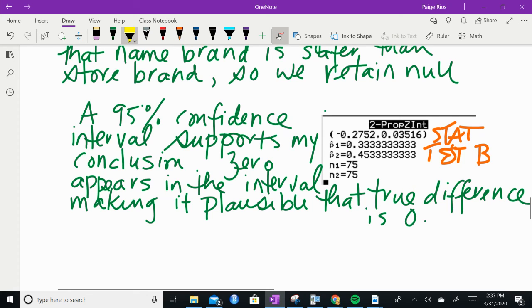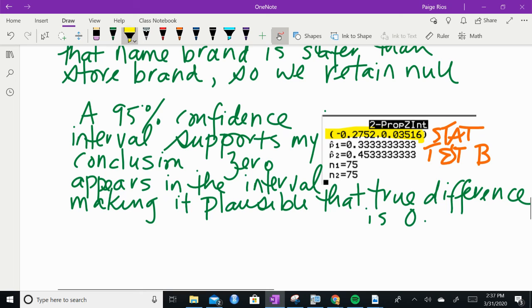And if you look at my number right here, I go from a negative proportion to a positive proportion. So 0 has to be within that interval, which means that it's plausible that there's no difference because 0 is in the interval. So a 95% confidence interval supports my conclusion. 0 appears in the interval, making it plausible that the true difference is 0.